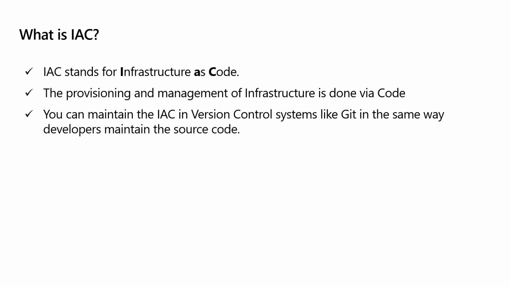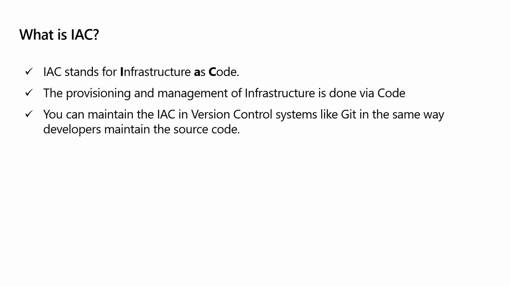Now, because the infrastructure is developed as code, so you can maintain IAC scripts in version control systems like Git. In the same way, developers maintain their code in the version control systems.